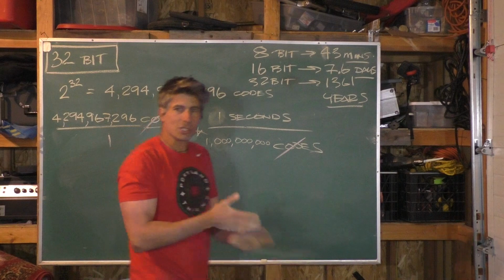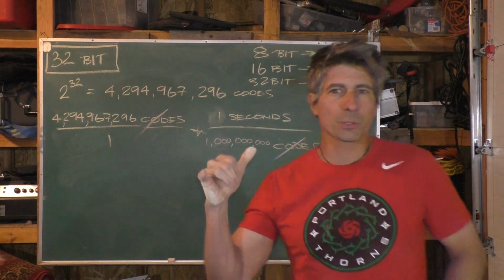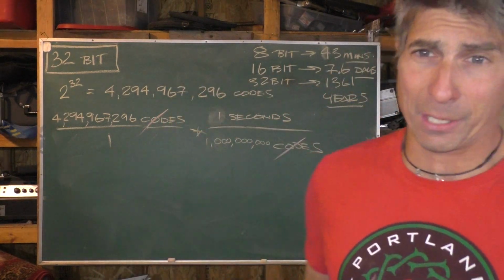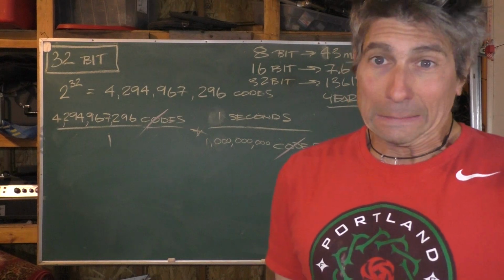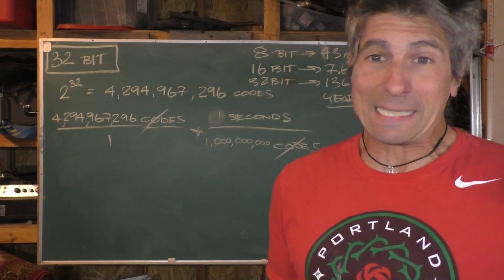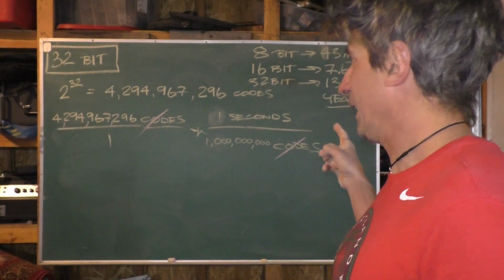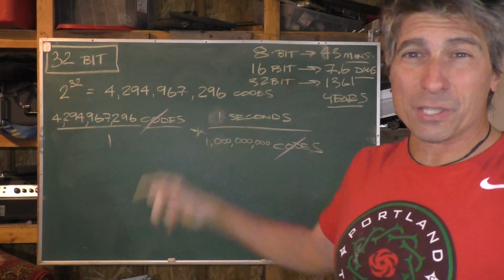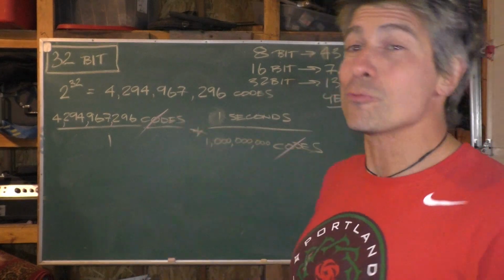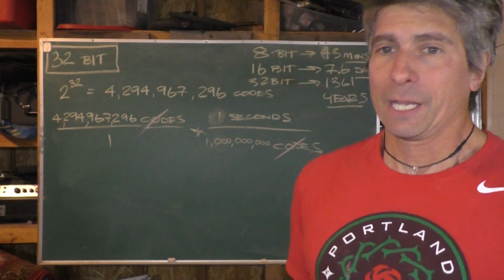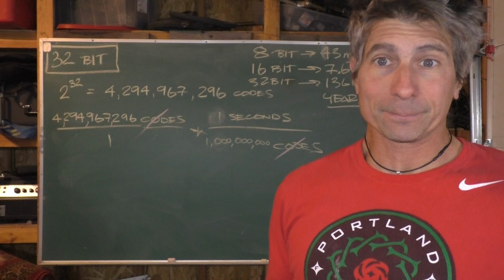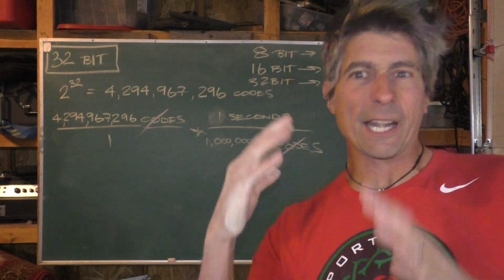That means in just over 4 seconds, this computer will have tested every single 32-bit code. That's not really secure. I mean, if you can brute force 1 billion codes a second, you can get through all of those in just over 4 seconds, 4.29 seconds to be precise. So that's why 32-bit isn't good enough anymore.